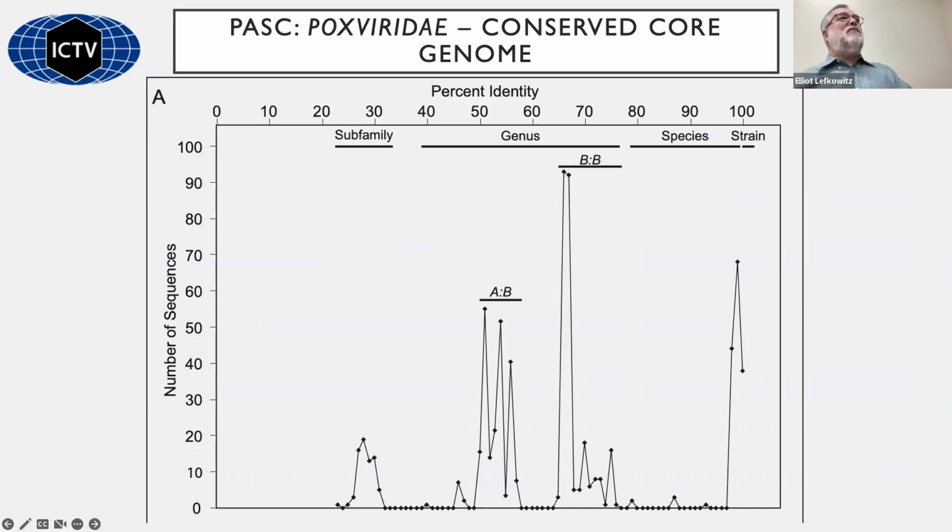As an example, this is a tool called PASC, Conserved Core Genome. And what you do here is you just do a pairwise sequence comparison between every virus that's a member of a particular family, or every virus that you want to compare to look at their relationships. So you do a pairwise sequence comparison, you determine the percent identity between every pairwise comparison, and you plot it.